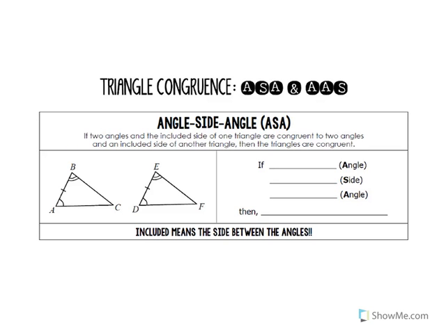So with angle side angle, you're going to have two sets of angles that are congruent, and the side needs to be in between those two angles. So, with these triangles, the first set of angles would be angle A congruent to angle D, because they both have a single arc.